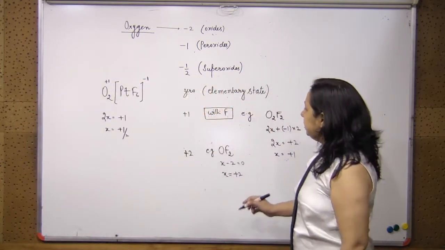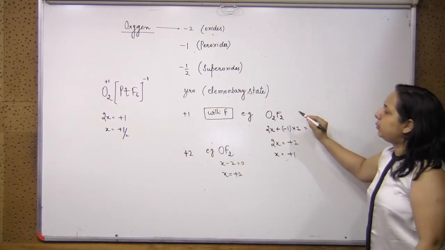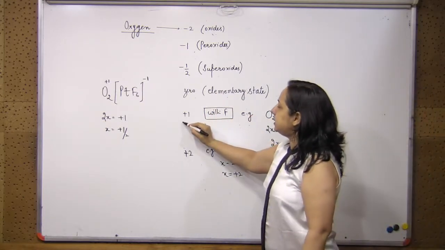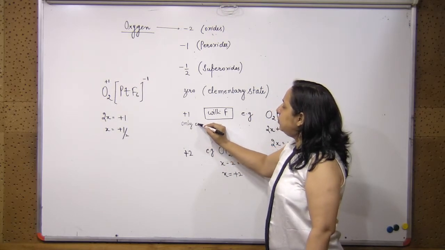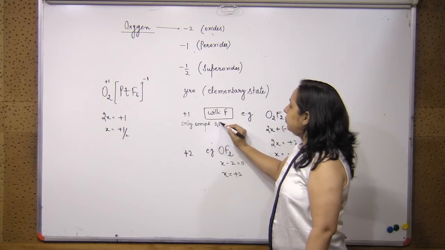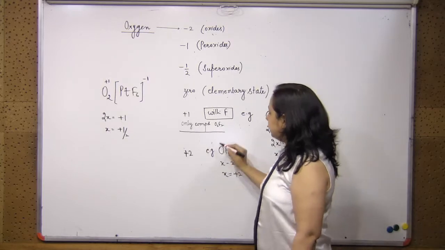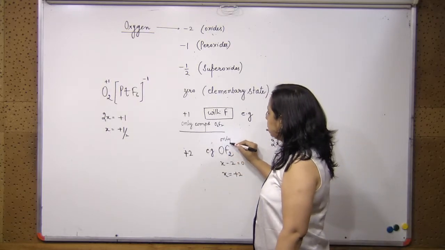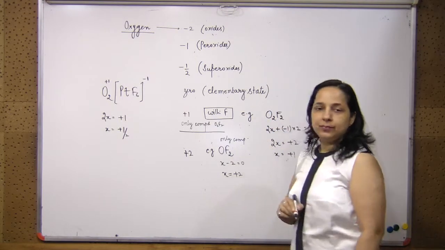O2F2 is the only compound where +1 is existing, and OF2 is again the only compound where we have +2.